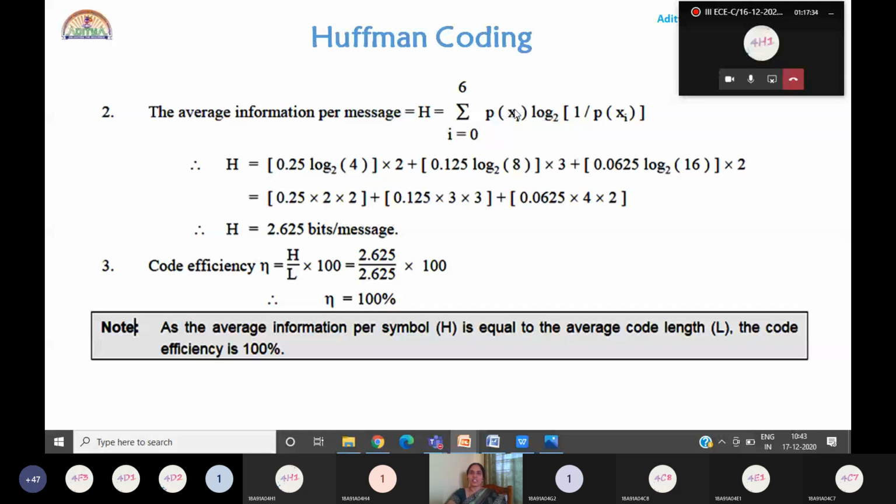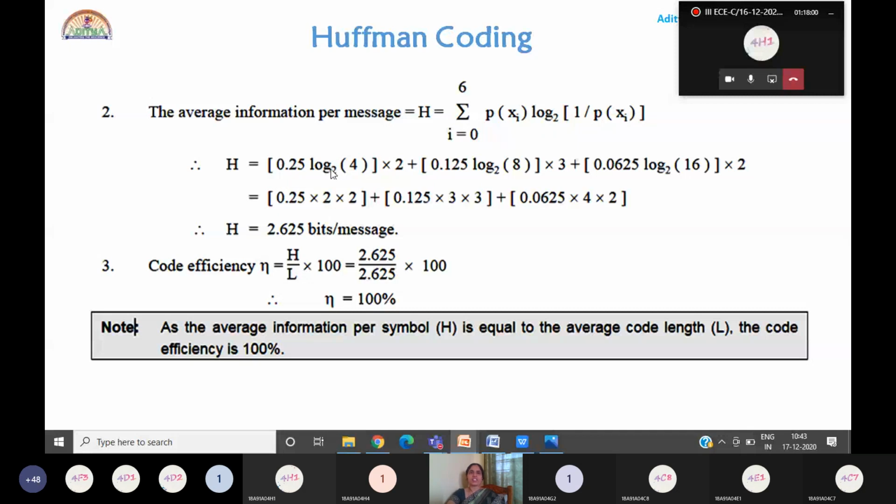Here they represented p of xi into log 1 by p of xi, so there is no need for a negative sign. So summation i is equal to 0 to 6 p of xi log 1 by p of xi base 2. Now you know the p of xi values for all the 7 symbols, so please write down all the corresponding values and calculate the entropy.